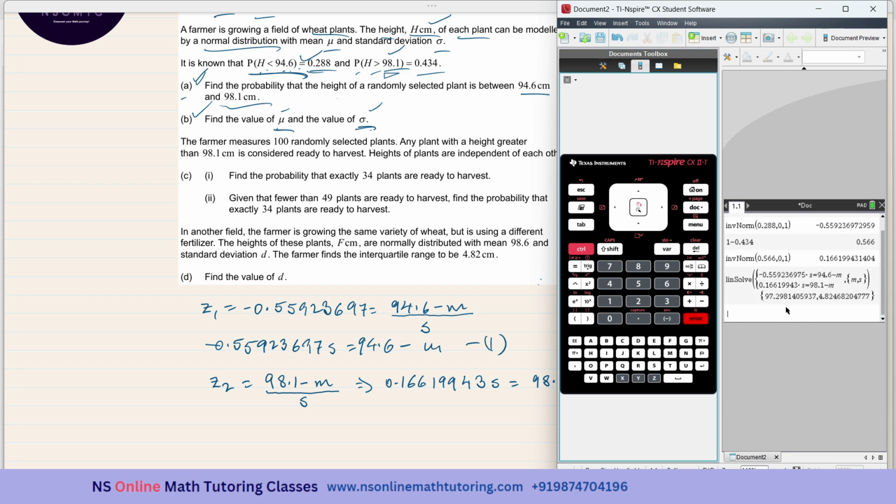Okay, and then I come out of this and press enter. M is written first, and then S. So the first value corresponds to M and S is the second value. M, the mean, is 97.298 and so on. So up to 3 significant figures, it will be 97.3.